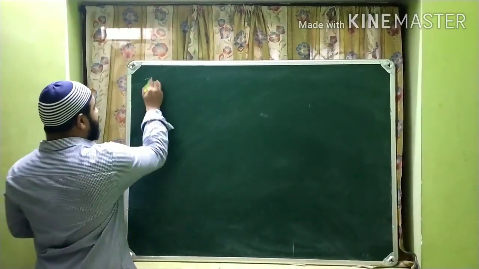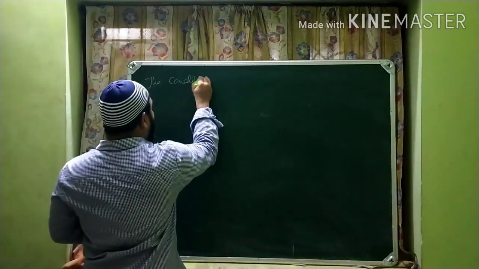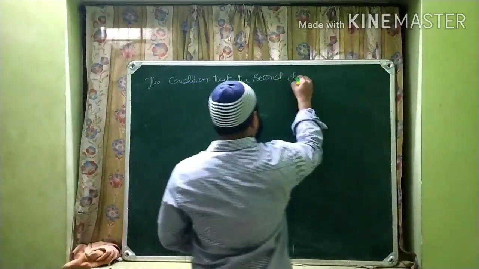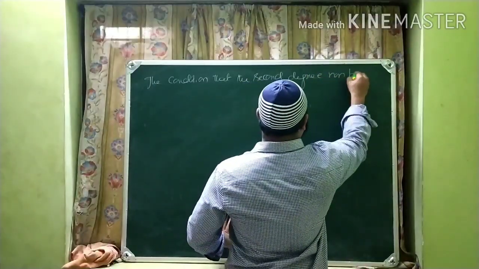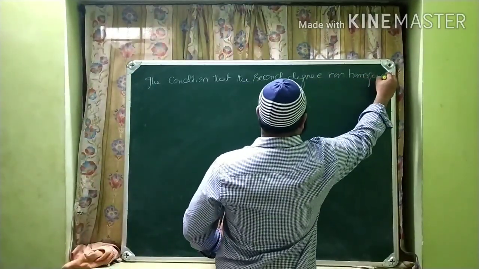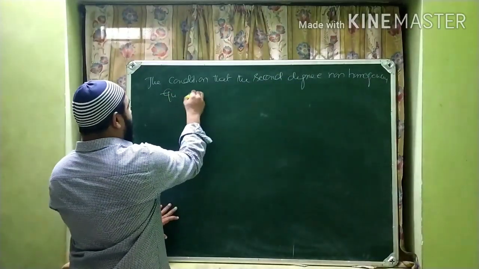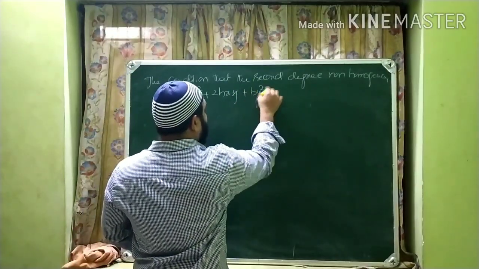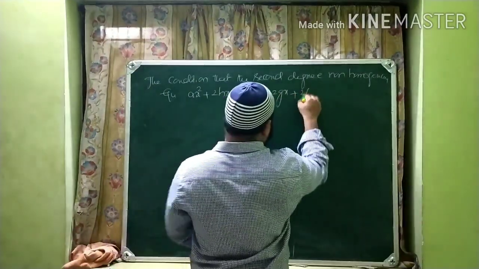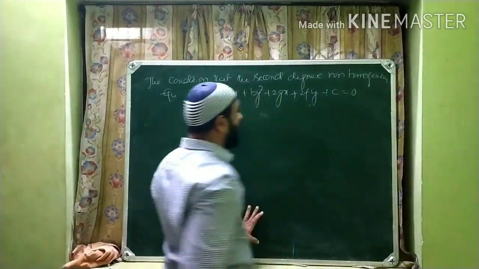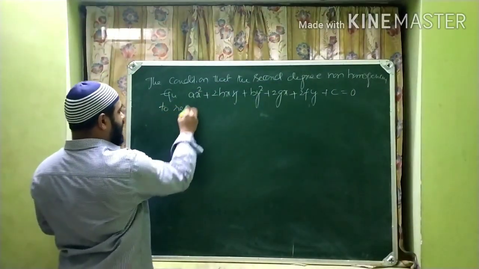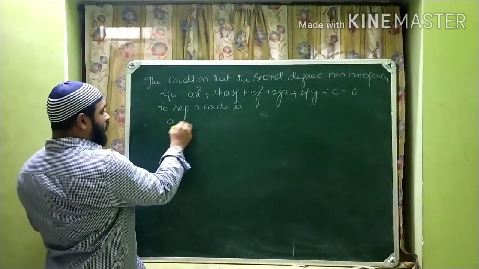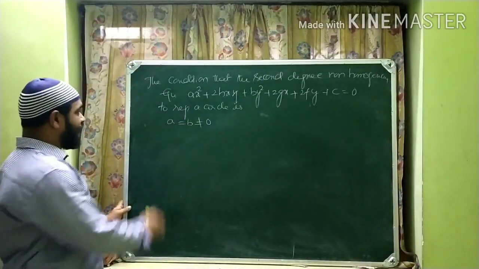Now the condition that the second degree non-homogeneous equation ax square plus 2hxy plus by square plus 2gx plus 2fy plus c equals 0 represents a circle is: first, a equals b, which is not equal to 0.